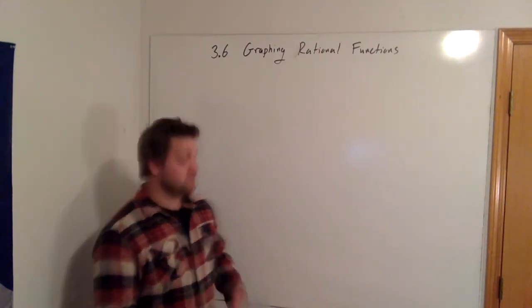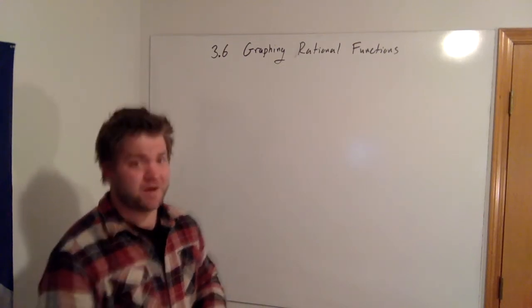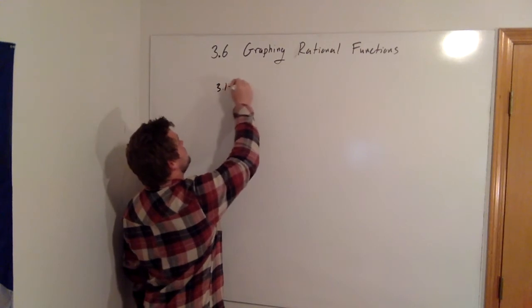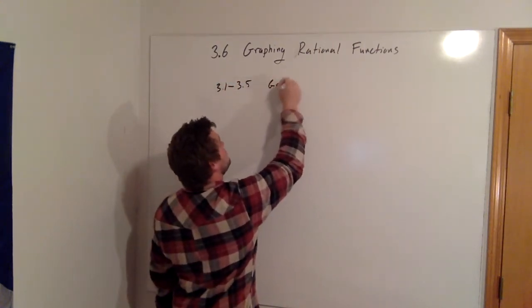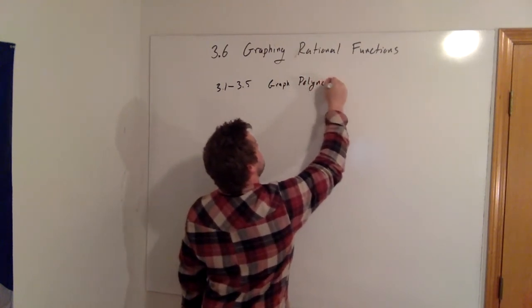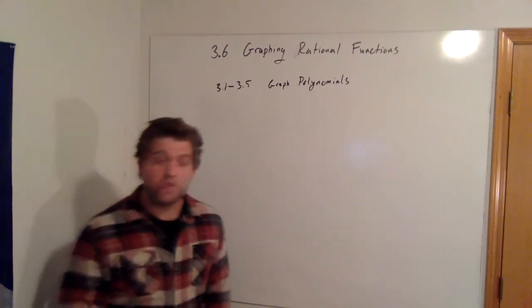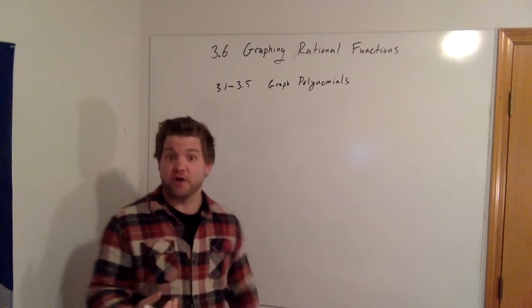So what I'd like us to do first is just recall what we were doing in 3.1 through 3.5. In sections 3.1 through 3.5, we were trying to graph polynomials. And when we were graphing a polynomial, we looked for some key features of the polynomial to help us put the graph together.